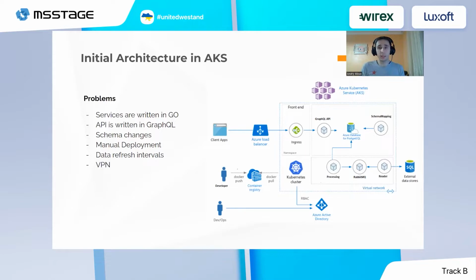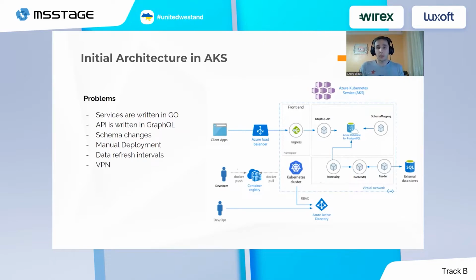Then processing. The processing service took the data from RabbitMQ, where the readers were pushing the data, and put it into Azure Database for Postgres. Postgres and Kubernetes, that was a database in Kubernetes.